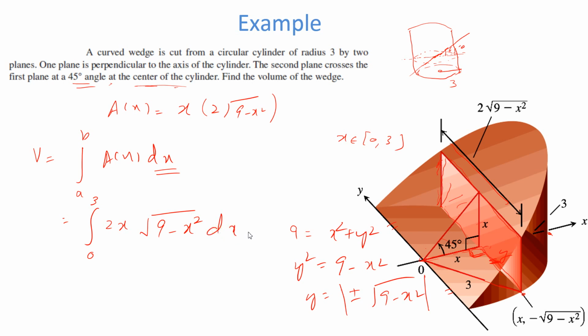Now you have to integrate this definite integral in order to find the volume of this wedge, and you will be doing it yourself. Let me write the answer, which is equal to 18. So verify it yourself. This is how we can apply the formula just learned to find the volume.